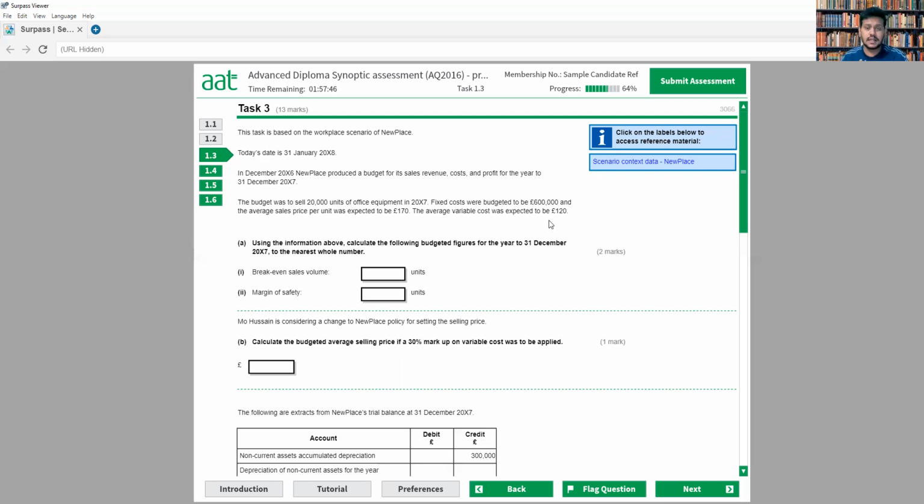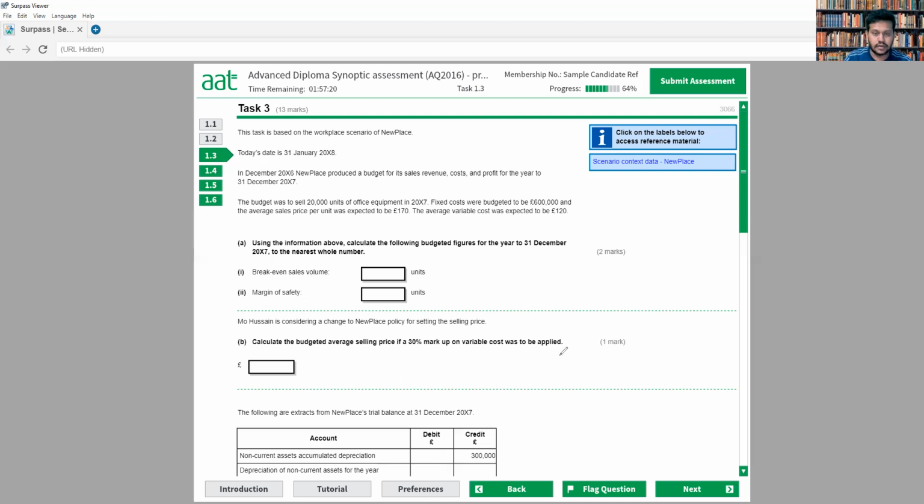So the plan was fixed cost 600,000, selling price per unit 170, and average variable cost 120. The requirement here is the break-even sales volume and margin of safety, and to calculate the budgeted average selling price if a 30% markup on the variable cost was applied.